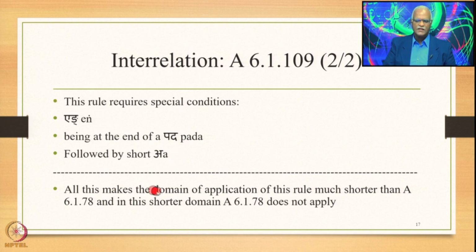All this makes the domain of application of this particular rule 6.1.109 much shorter than 6.1.78, and in this shorter domain 6.1.78 does not apply. So this is how Engah Padantadati is interrelated with echo yavayavaha.